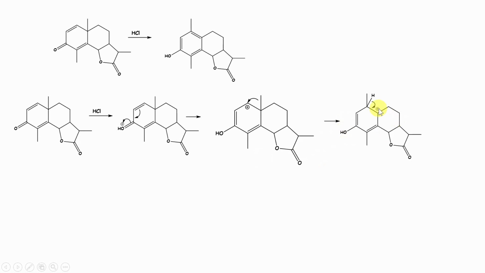From this tertiary carbocation, a proton is eliminated for the aromatization. Thereby, this ring becomes more stable, and aromatization takes place by the elimination of a proton to form the final product. It is the phenol obtained by this reaction.